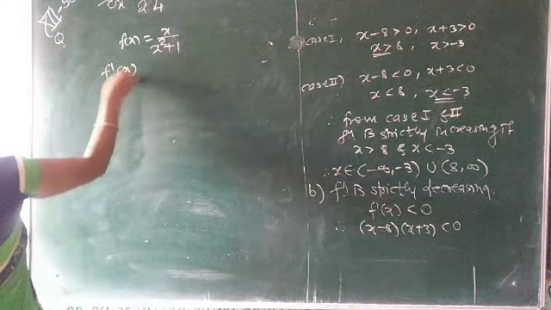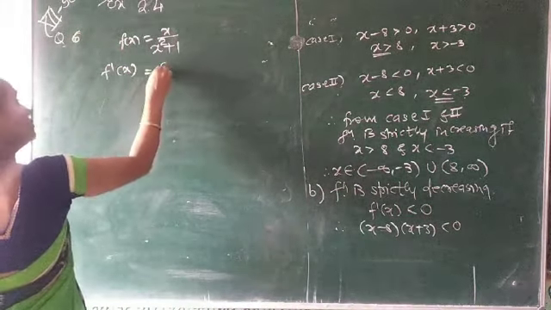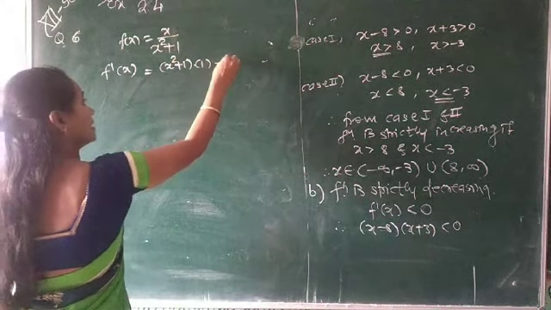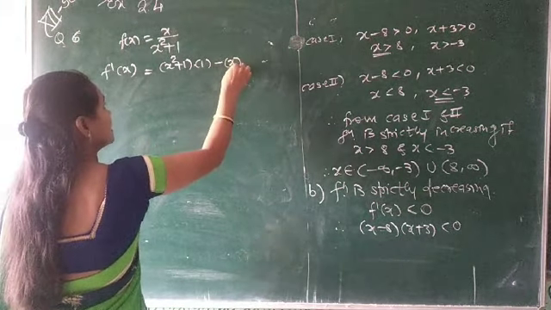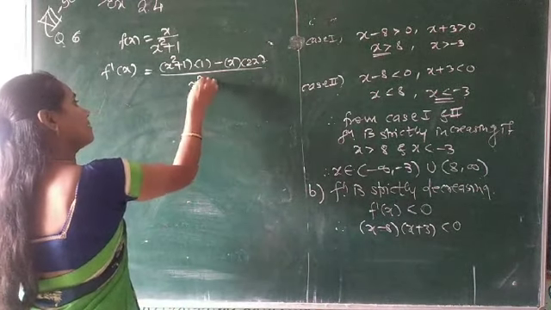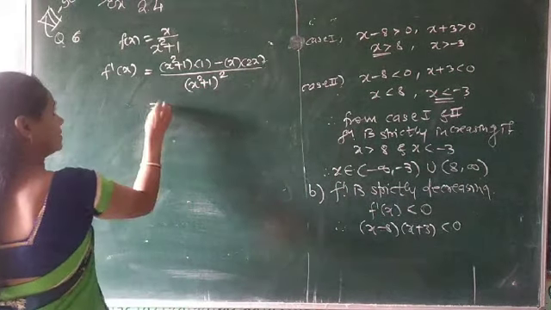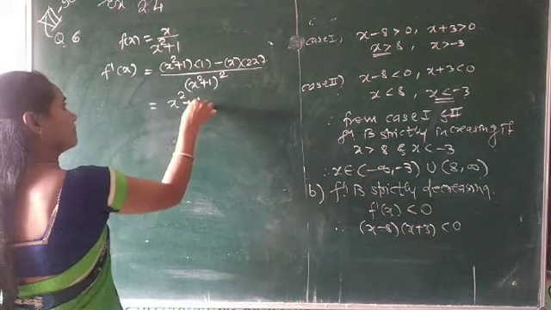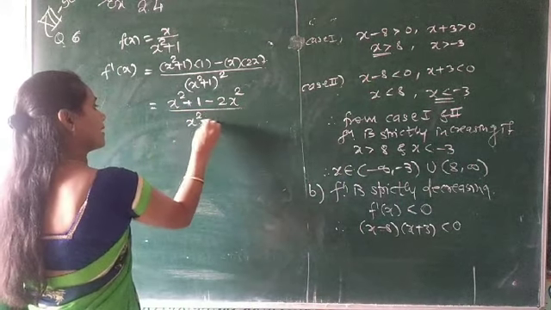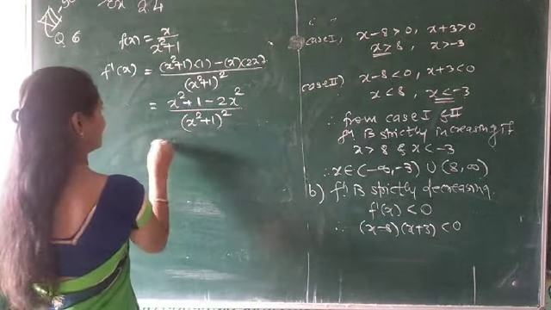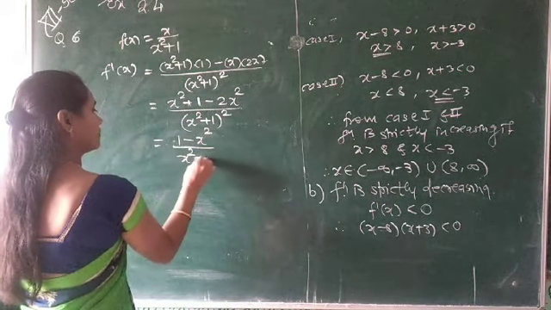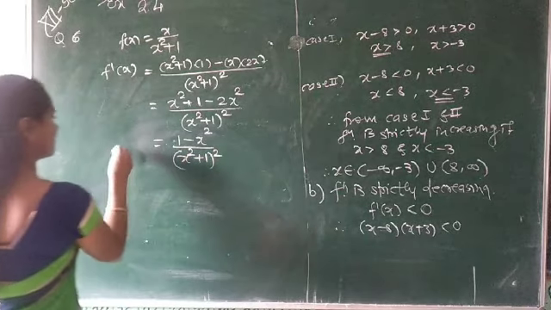So f dash of x is equal to x square plus 1 into derivative of first, that is 1, minus x as it is, derivative of v, 2x, upon x square plus 1 bracket square, which is equal to x square plus 1 minus 2x square upon x square plus 1 whole square. x square minus 2x square, that is minus x square, so 1 minus x square upon x square plus 1 whole square, which is f dash of x.